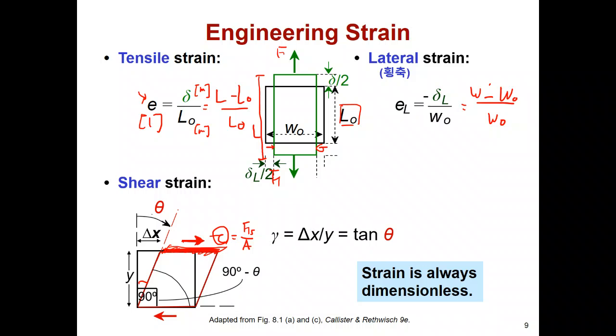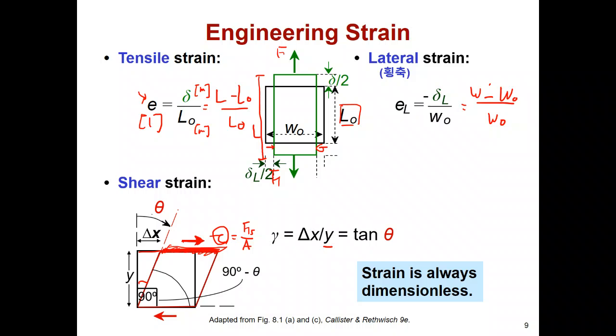The initial length is y, but the length changes by delta x, and that change is different from the y length. Please remember that the initial length is y and the change of the length is delta x, but they are perpendicular to each other.